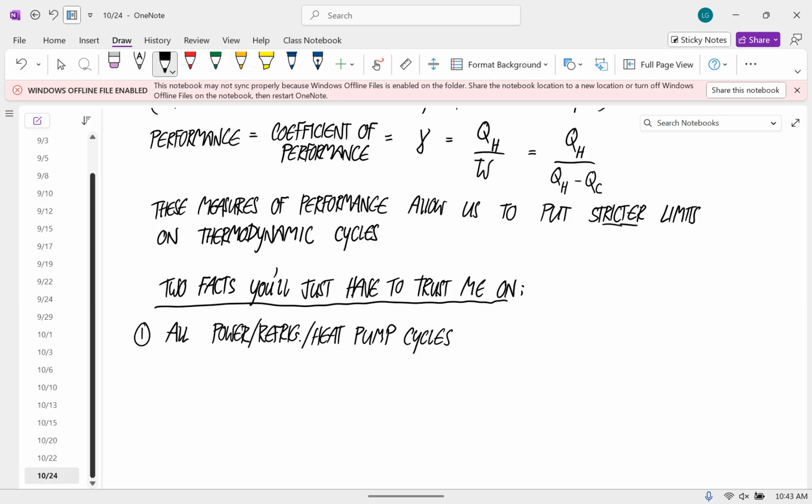So how about all power, refrigeration, and heat pump cycles that waste no energy, and those are called reversible cycles, and I'll define reversible next time, have the same performance, same coefficient of performance.